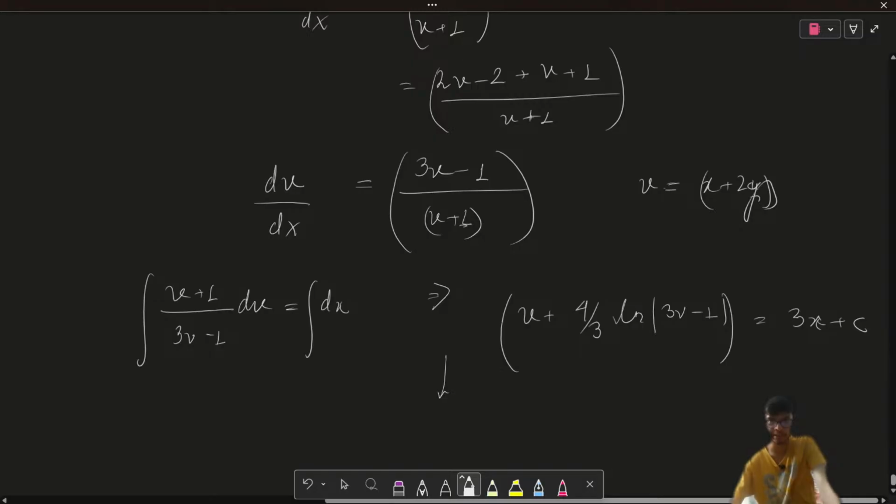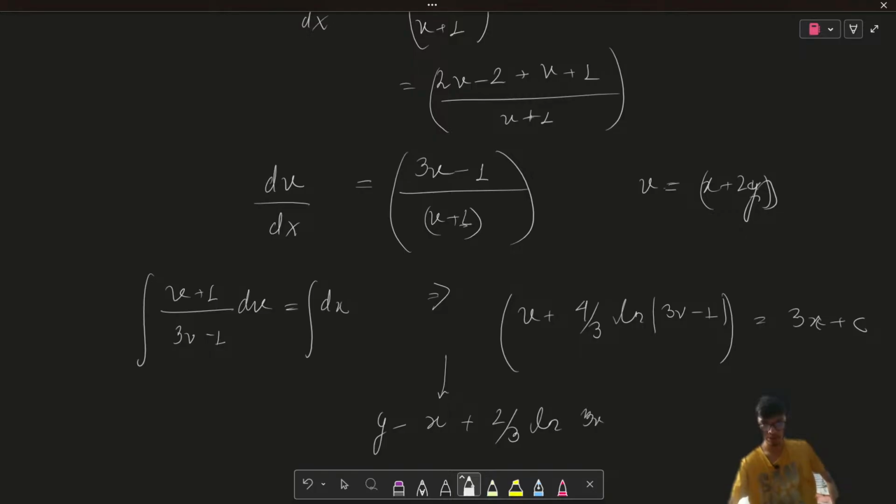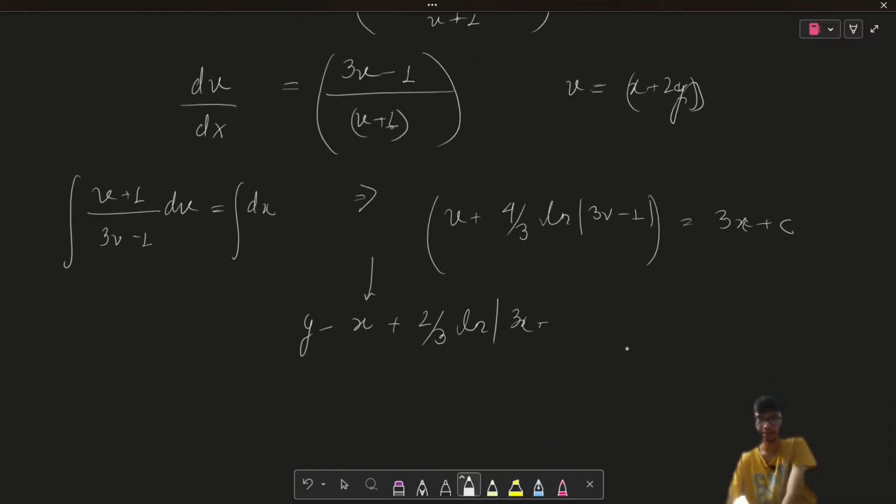If you replace v with x plus 2y, the final general solution is going to be y minus x plus 2 by 3 times natural log of 3x plus 6y minus 1, and that is equal to 3x plus some constant. Sorry, this will be equal to only some constant.